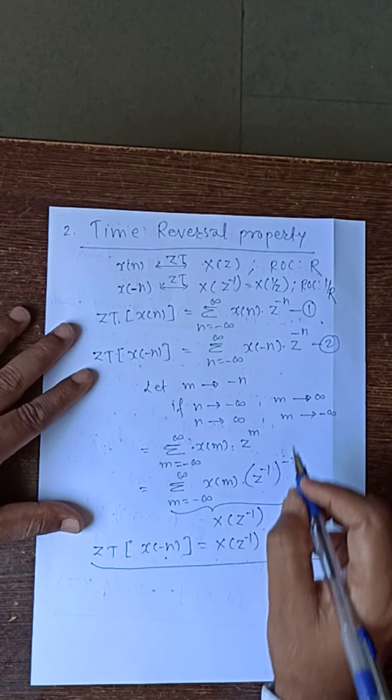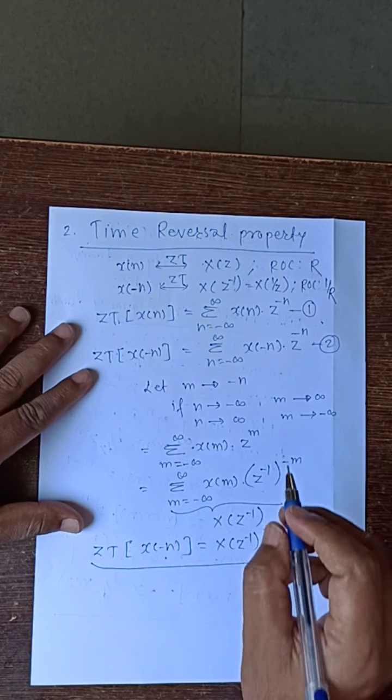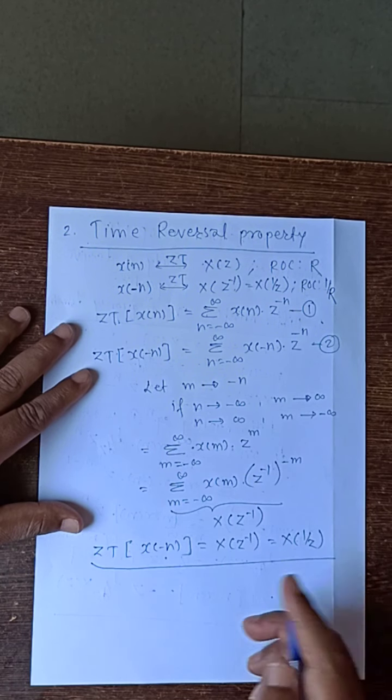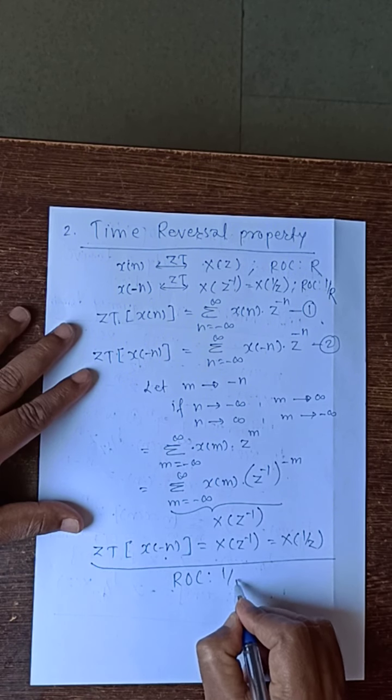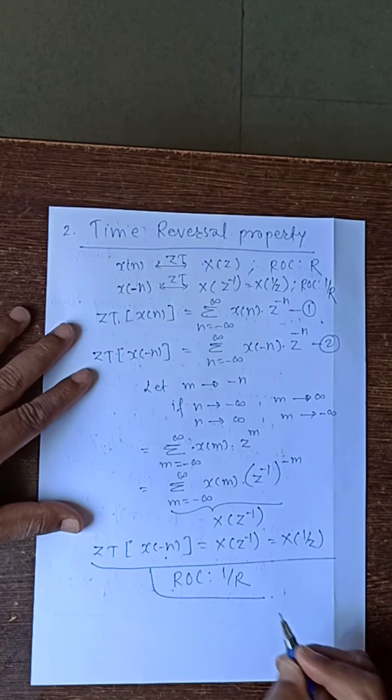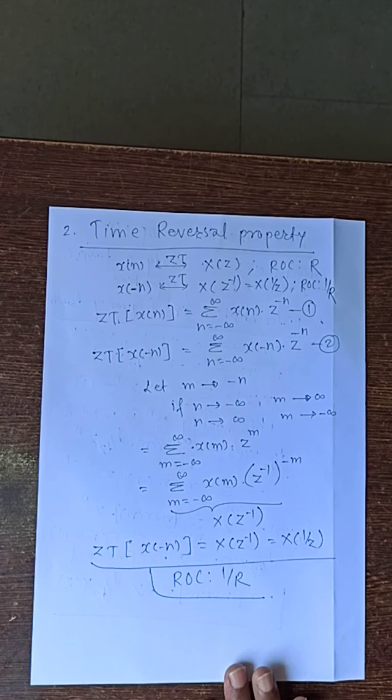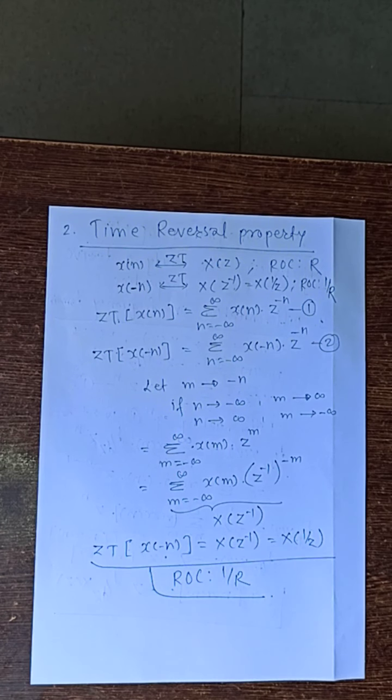Naturally, ROC of X(z) is equal to R. So ROC of 1 by z will become ROC equal to 1 by R. So this property is proved. ROC is equal to 1 by R, and Z transform of x[-n] is equal to X(1 by z). Okay, thank you.